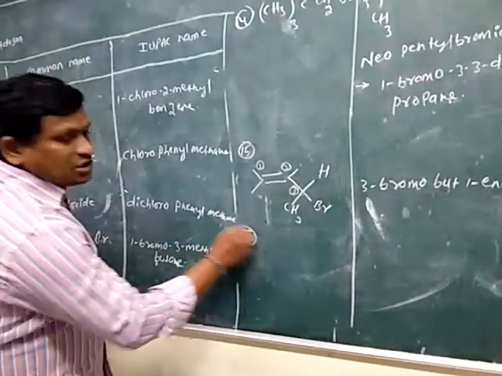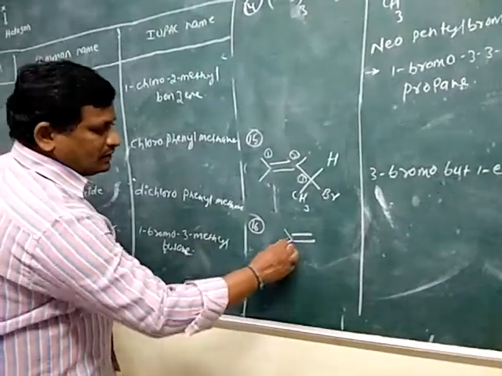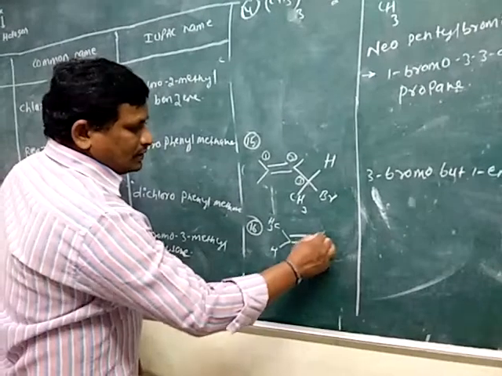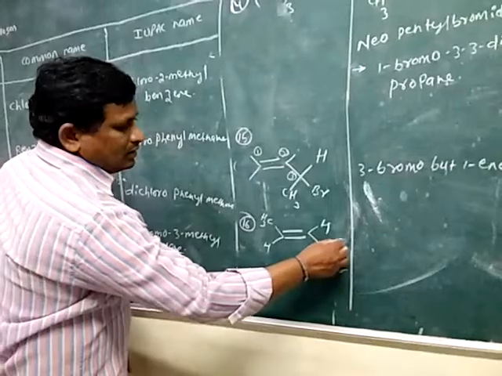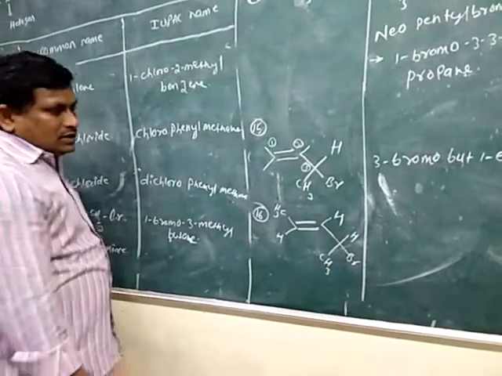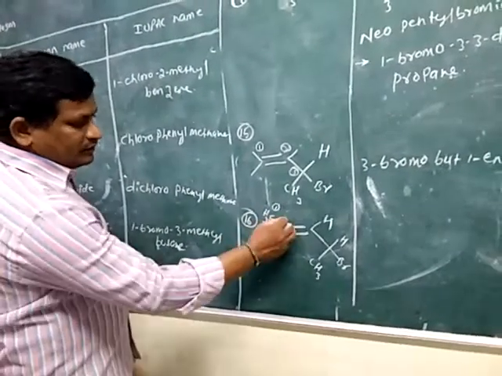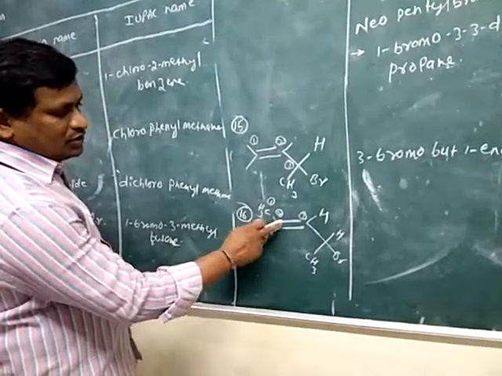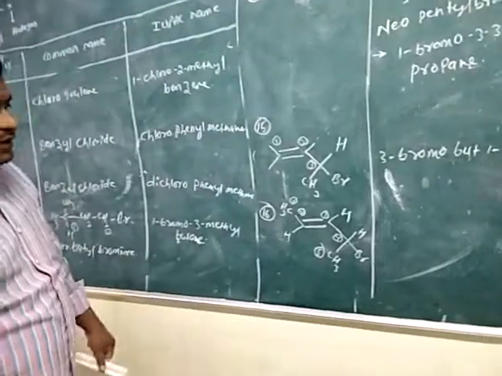For example, the 16th compound is C double bond C with CH3, H, H, Br, H and CH3. The numbering of the carbons is first carbon, second carbon, third carbon, fourth carbon and fifth carbon.